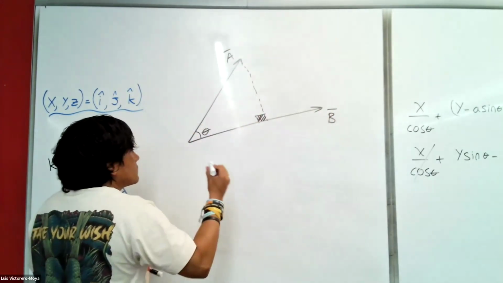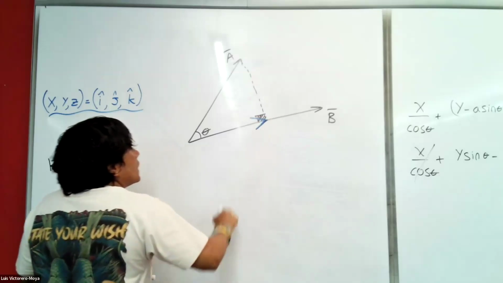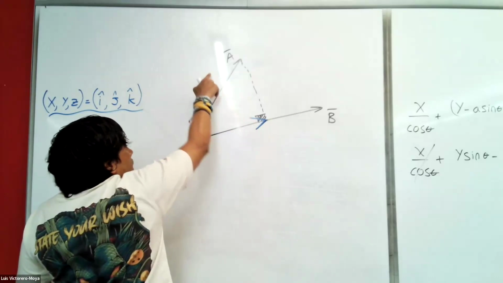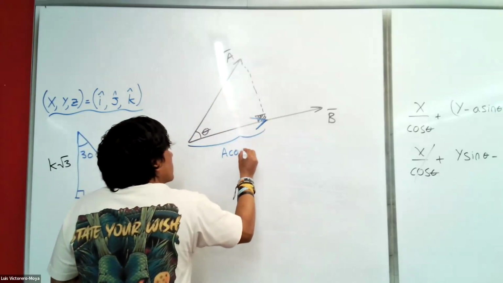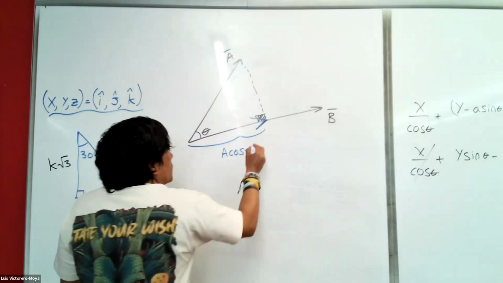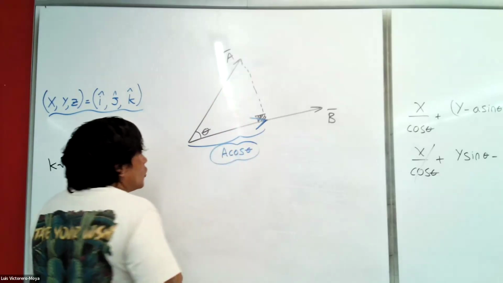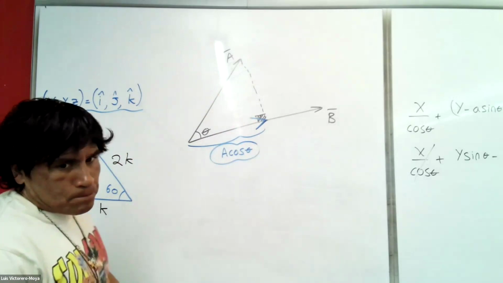So, A cosine theta. Okay, so you can visualize the dot product like that. So you have a cosine in there.